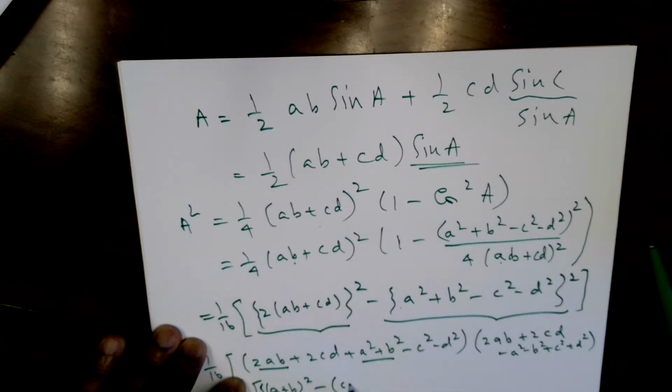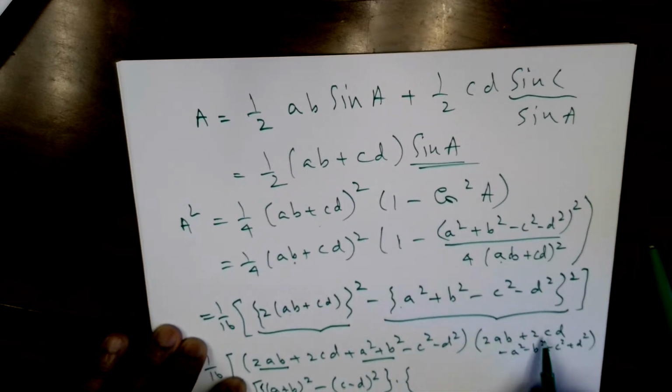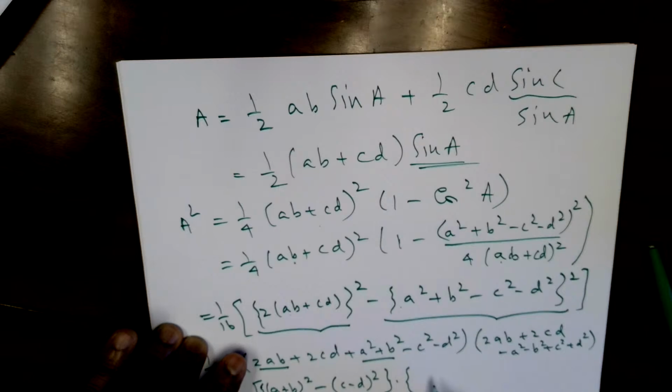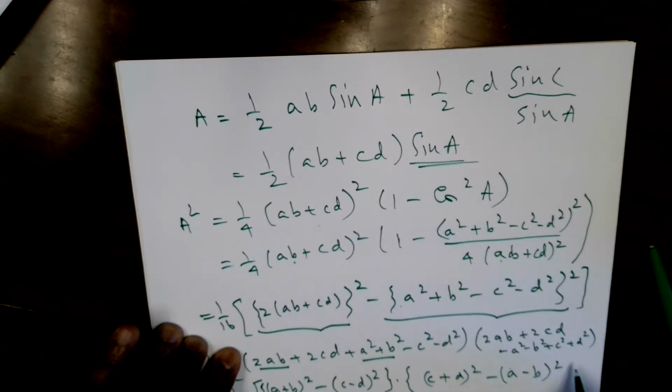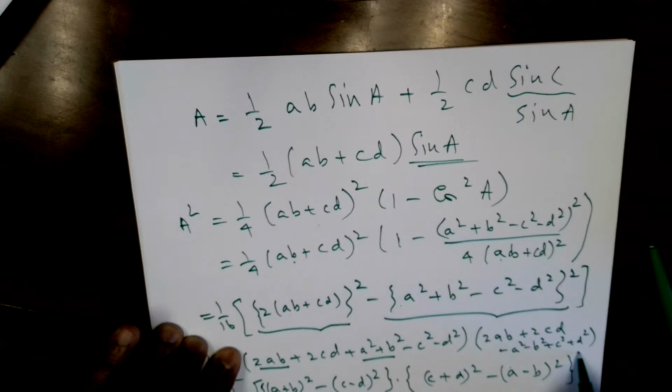If you pull out the minus sign, that is c minus d the whole squared. This multiplied by, same thing here, c plus d the whole squared. I'm going to write it the other way, c plus d the whole squared minus a minus b the whole squared.